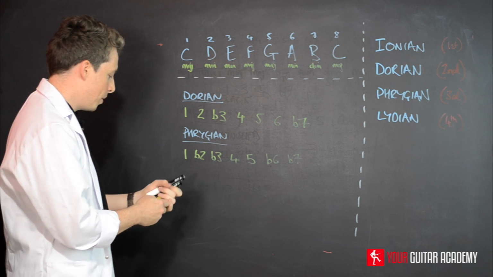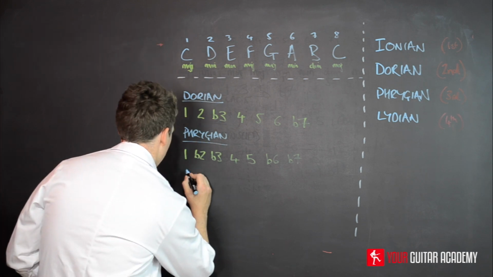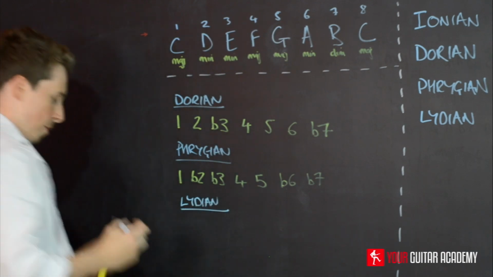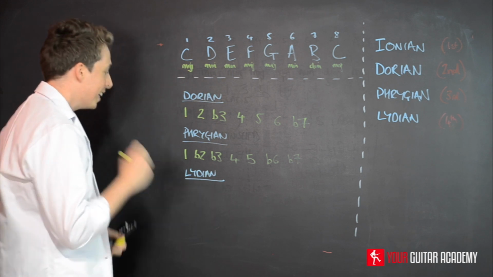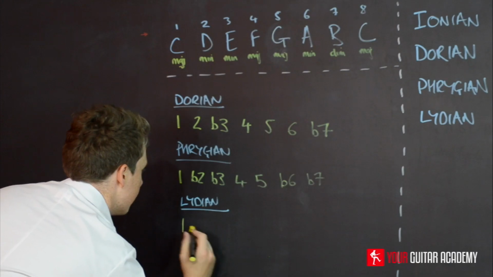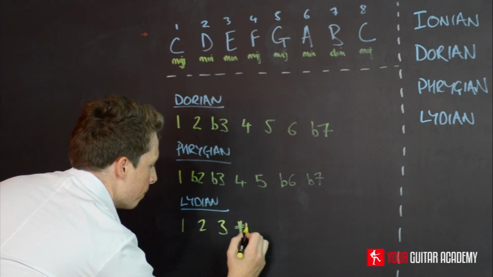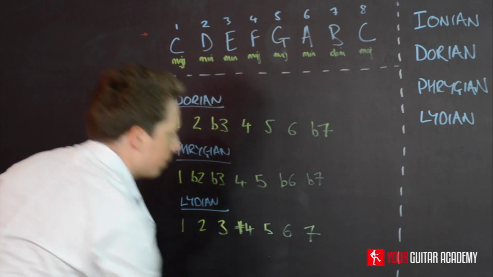And then, of course, just like with the others, we're going to be working out the formula for it. So I'm just going to write down here, Lydian, okay? Now, the scale formula for a Lydian, sorry, is this. So it's 1, 2, 3, sharp 4, 5, 6, 7.